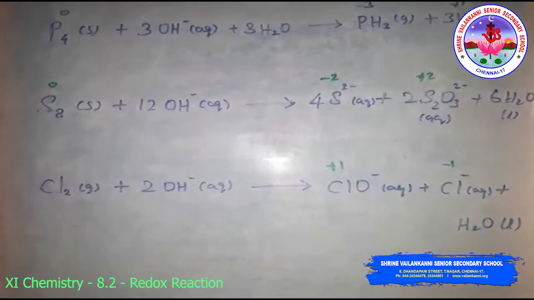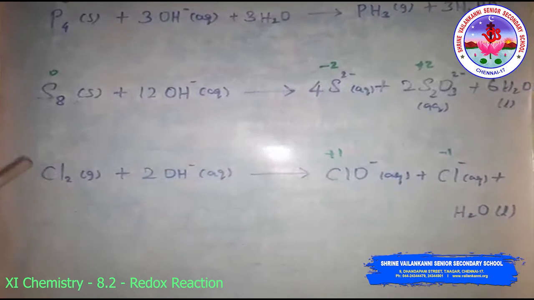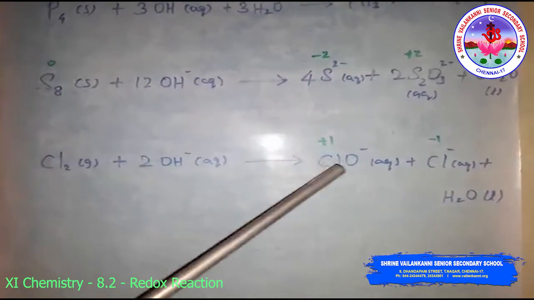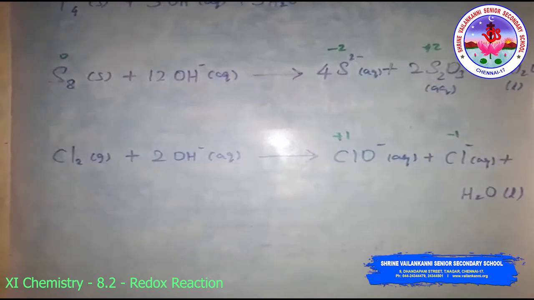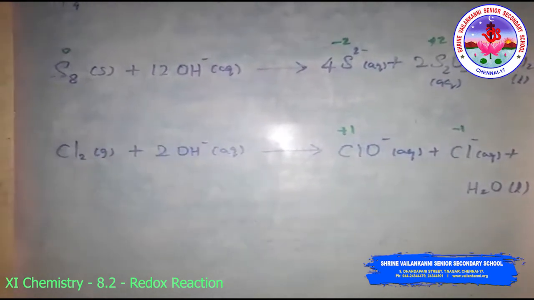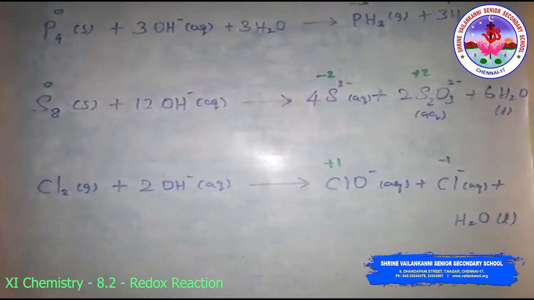So the same species undergoes oxidation as well as reduction. In the same way the chlorine also has the 0 state, and here +1 and here -1. The same species undergoing oxidation as well as reduction is called a disproportionation reaction. This is also a redox reaction only.